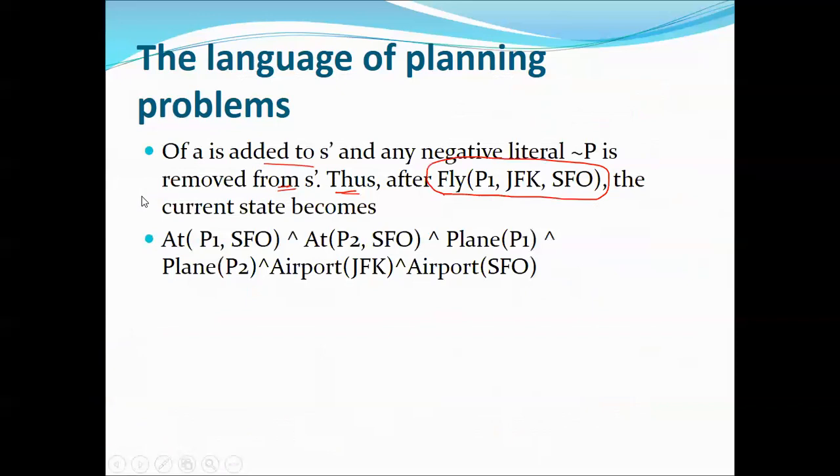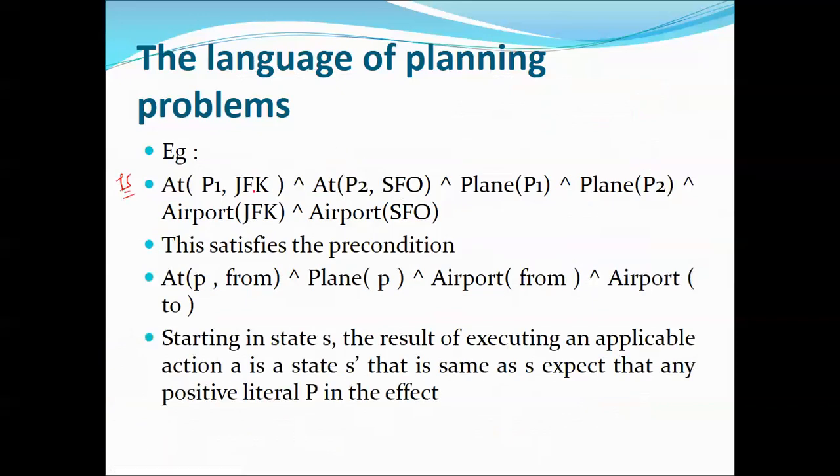Now say that you are applying only this rule, Fly(P1, JFK, SFO), after which we see the result. You are performing this action. That is, you are asking the plane P1 to fly from JFK to SFO. Are you getting? Initially, plane P1 is in JFK.